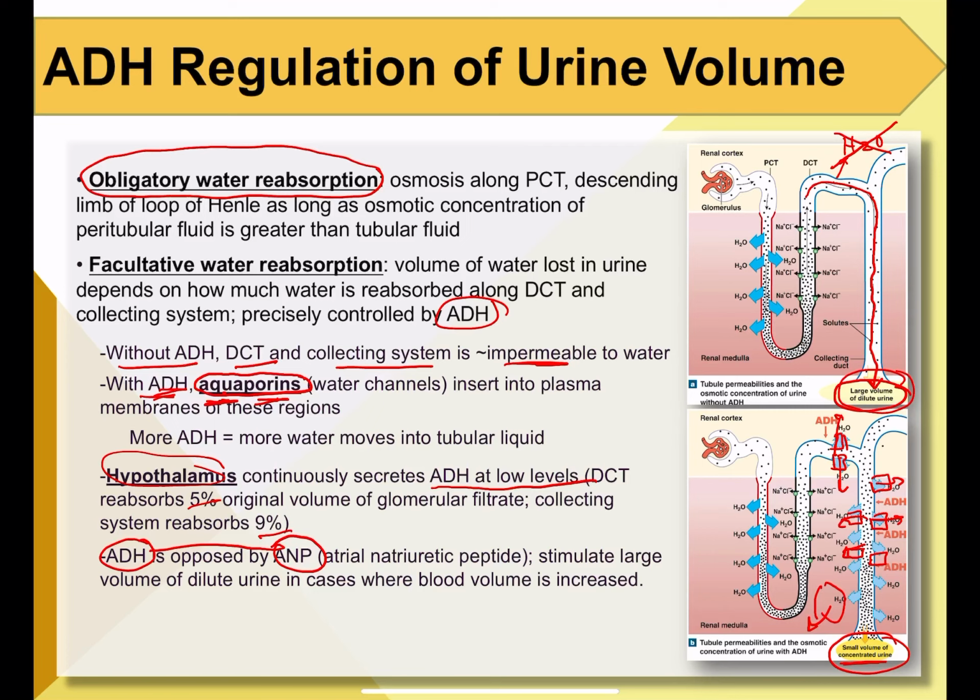When you don't have enough water, ADH will be released, and this causes a lot of your water to be reabsorbed, and hence your urine will be more concentrated. When ANP is stimulated, you have a large volume of dilute urine, which then decreases your amount of blood fluid.